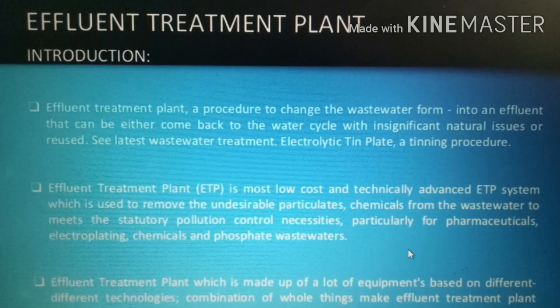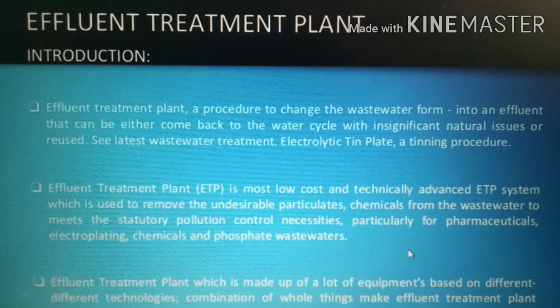The effluent treatment plant is the procedure to change wastewater into an effluent that can either be returned to the water cycle with insignificant natural issues or reused.